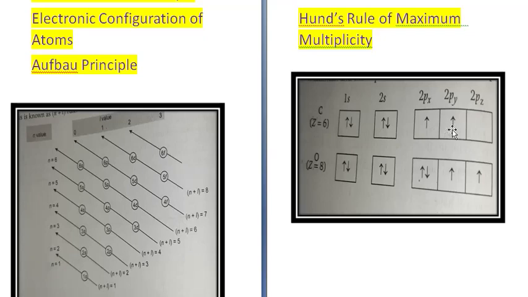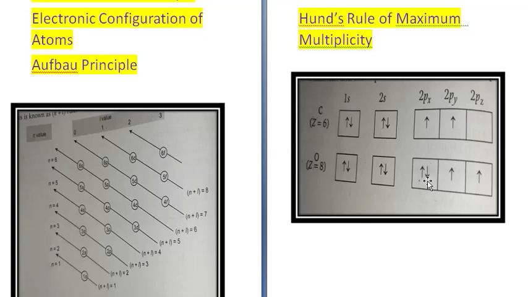In case of oxygen, 2 will be filled in 1s, 2 in 2s. Then in p orbital, 3 electrons will go one each to 2px, 2py and 2pz. So that makes it 2 plus 2, 4, and 3, 7, and then the 8th electron will go to 2px, and that 8th electron will have opposite spin.